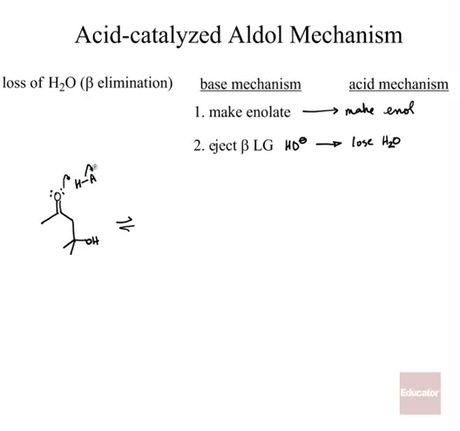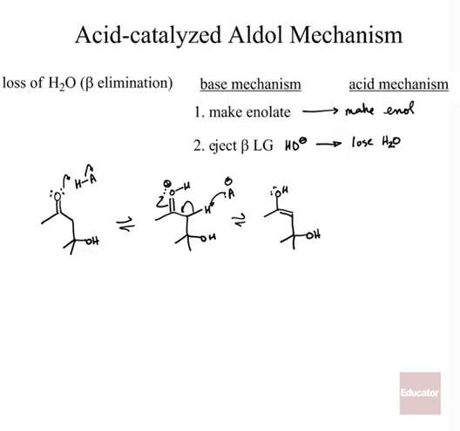That tautomerization practice is really going to pay off when you get to these more complex mechanisms, so that hopefully this part will be somewhat automatic. Protonate at the carbonyl and then deprotonate at the alpha carbon. So that's the first thing we have to accomplish, is we have to make the enol.